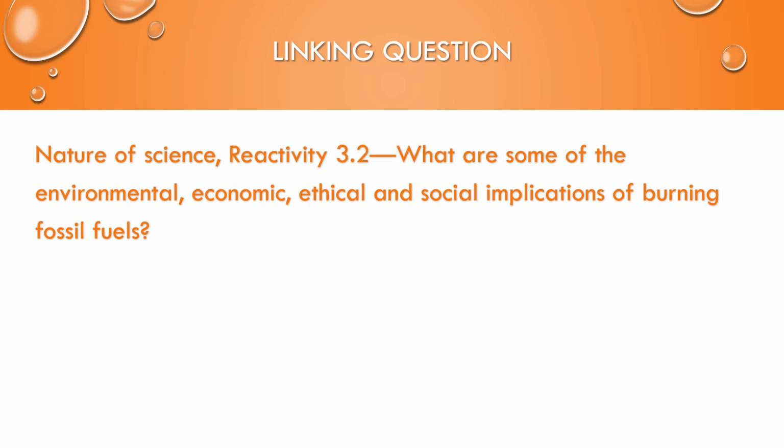I'm sure that there are other impacts that you can think of, especially since this is a nature of science connection. You should try to connect this to some of your other coursework, particularly if you're taking things like environmental systems and societies, or some of your other group 3 topics. It's worth spending some time to think about this outside of just the chemistry implication.